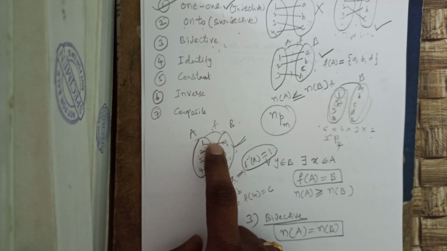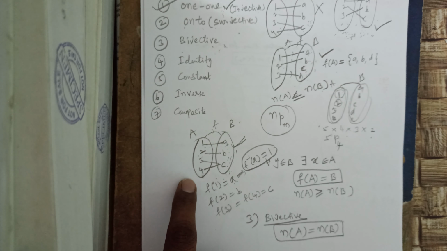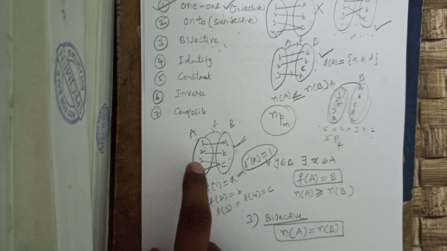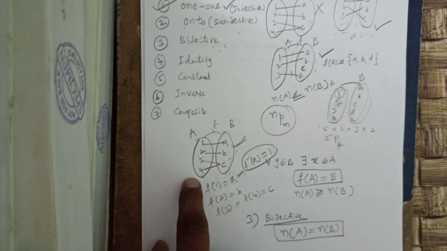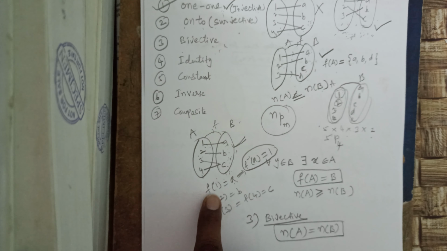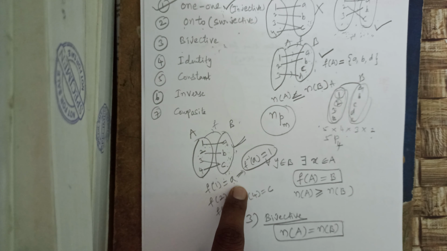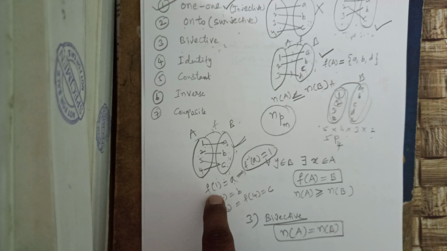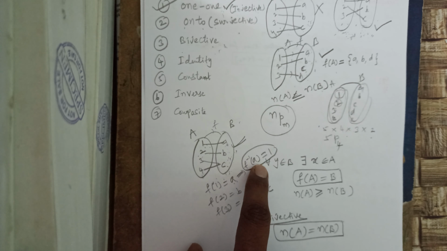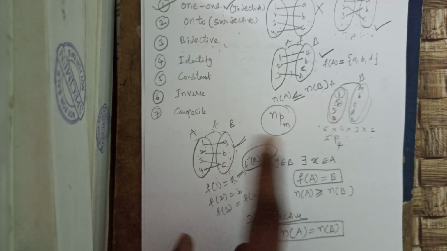Every element of the codomain should have at least one pre-image. Image of 1 is A, that means pre-image of A is 1. Can I write f inverse of A equals 1? It means the pre-image of A is 1.